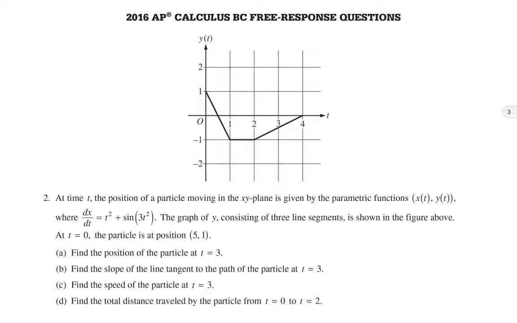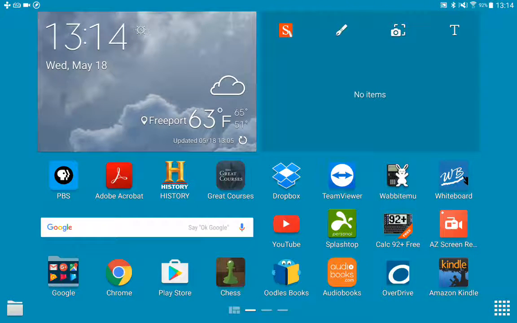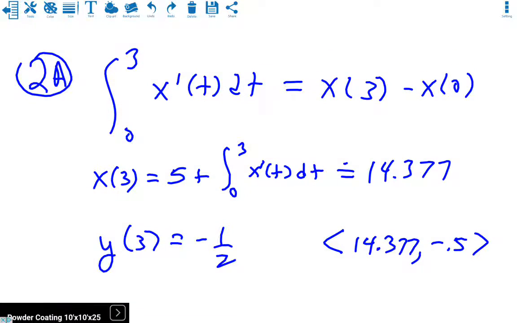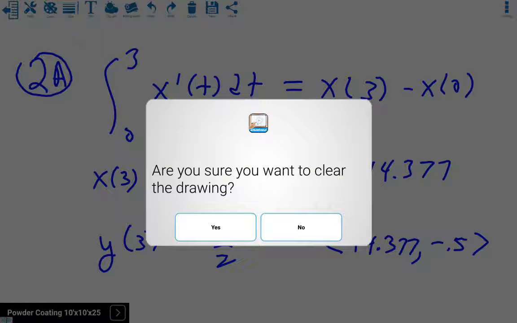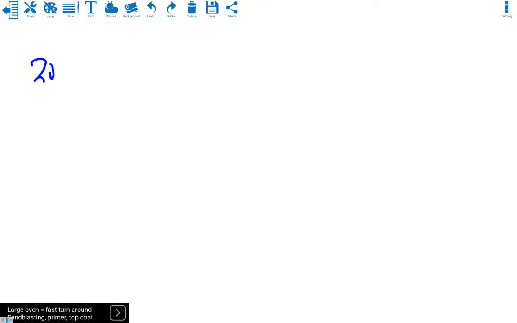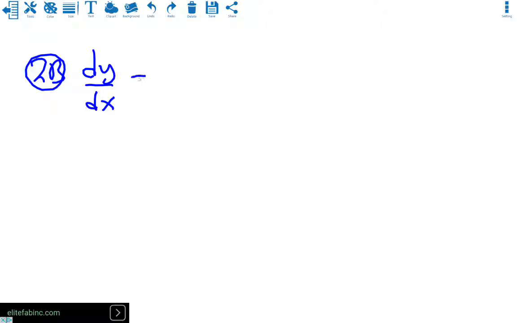Okay, next part, part B. Find the slope of the line tangent to the path of the particle when t is 3. All right, so that's dy dx along the trajectory, right? At t equals 3. So what are we going to do? Let's see, 2b. It's going to be dy dx is dy dt over dx dt.